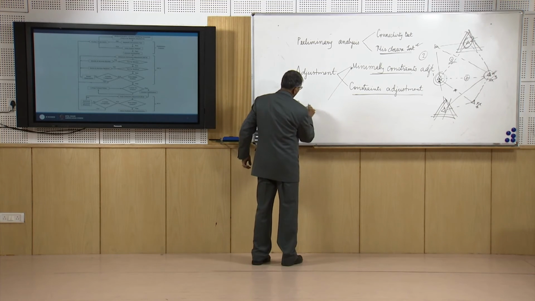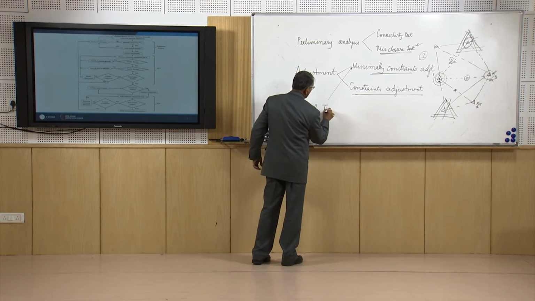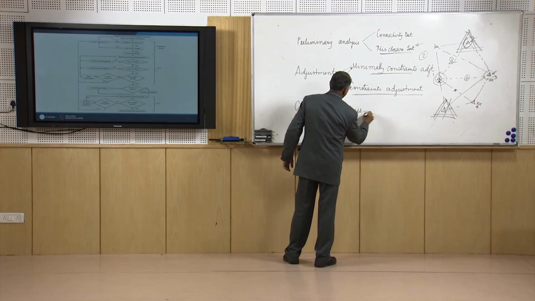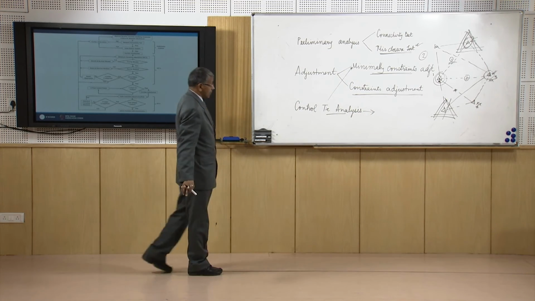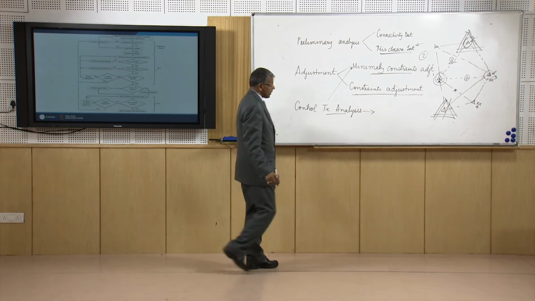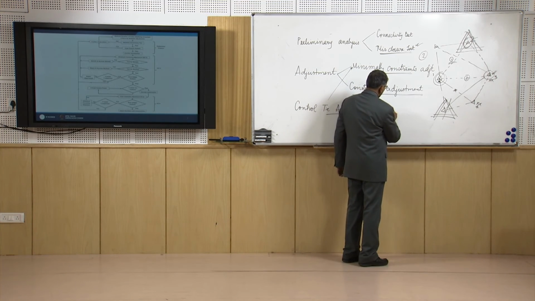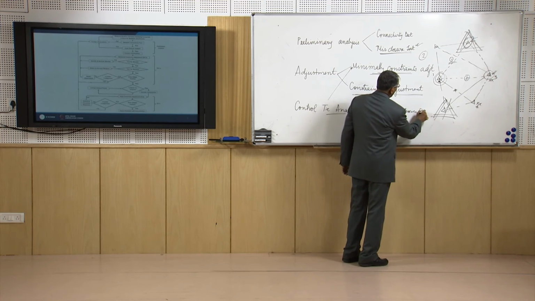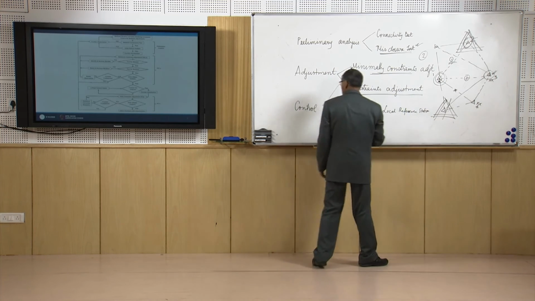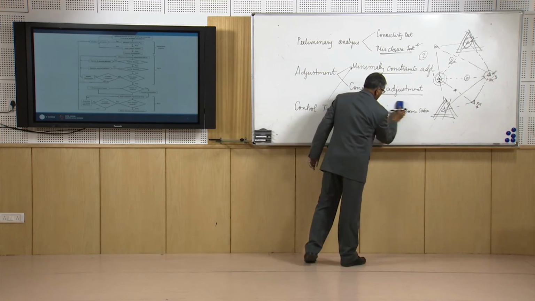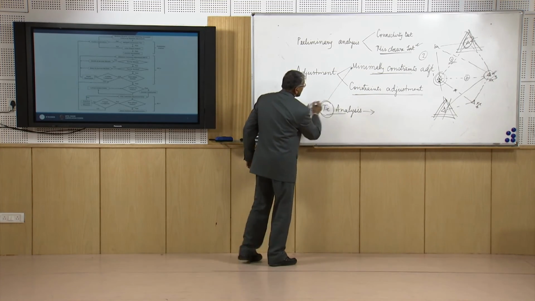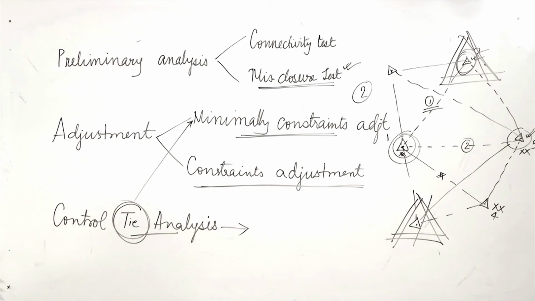control tie analysis. In control tie analysis we take some local reference station, that is, we tie to the reference system in which we want to have our coordinates.